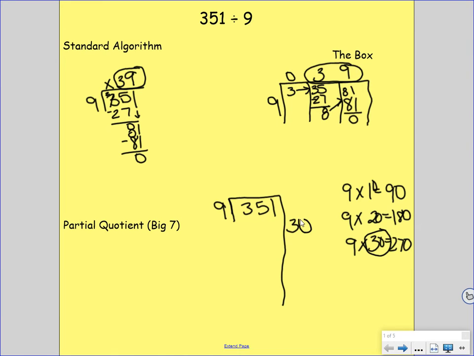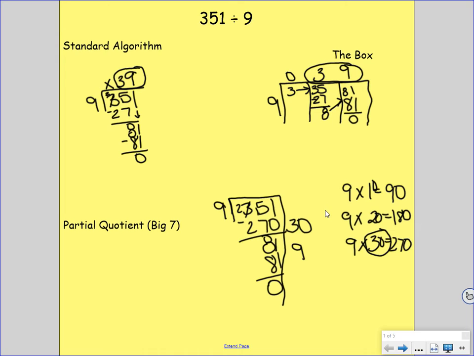I'm using 30 9s, and I'm going to subtract 270. I have a 1, I need to borrow, I have an 8, and this is a 0. So now I'm working with 81. And once again, I know that 9 9s is 81, and I have nothing left again.